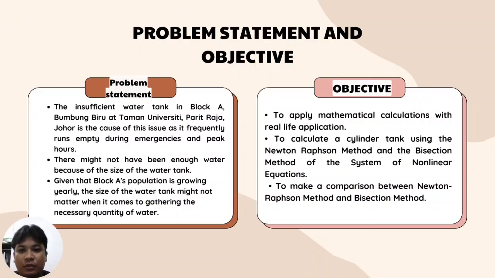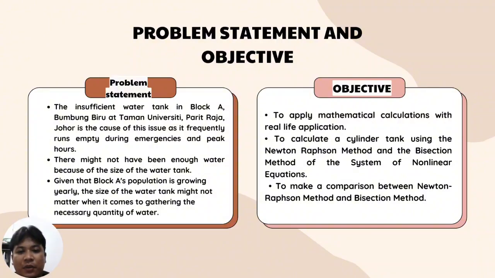Now we would like to discuss the problem statement and the objective. The problem statement is the insufficient water tank in Block A Bumbung Biru at Taman University Parit Raja, which frequently runs empty during emergencies and peak hours. They might not have enough water because of the size of the water tank.